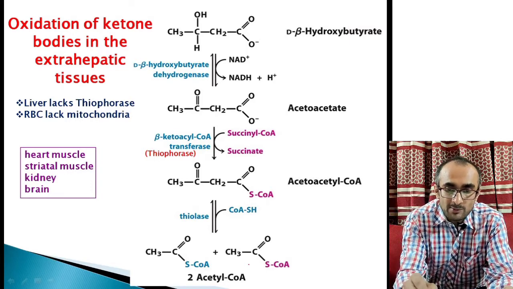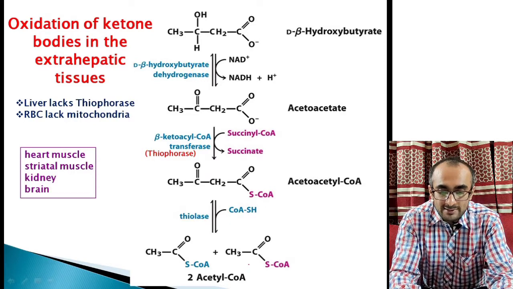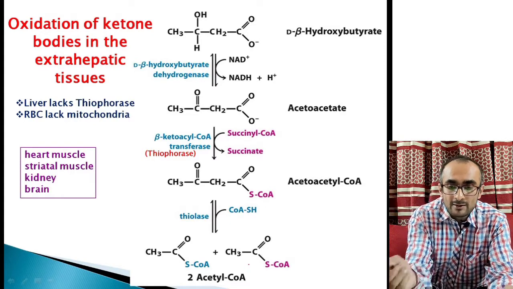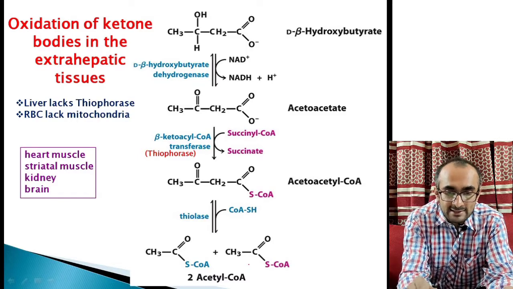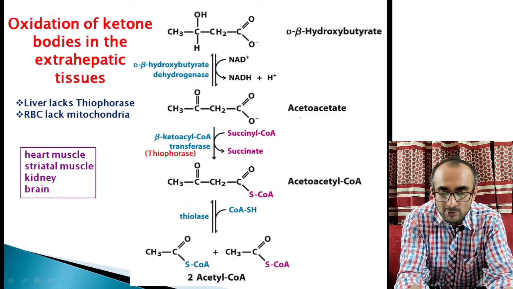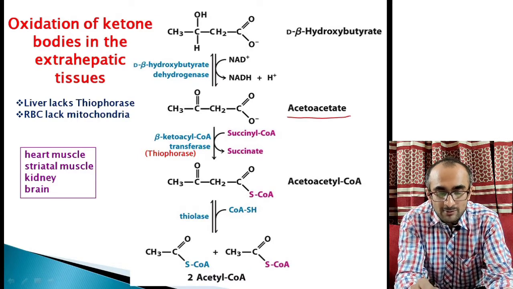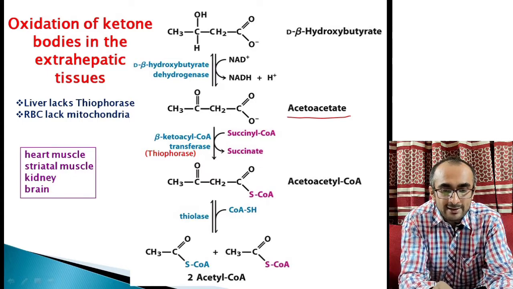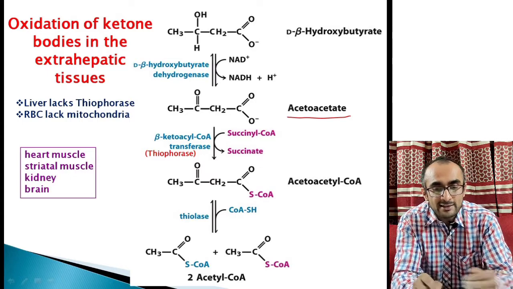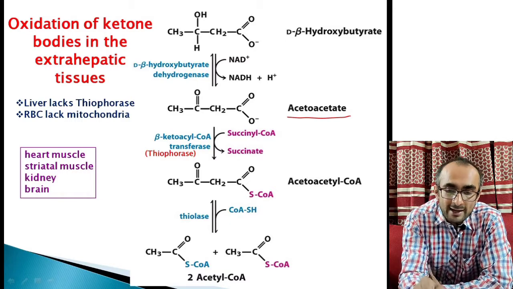They convert ketone bodies into 2 acetyl coenzyme A molecules. Beta-hydroxybutyrate is converted back to acetoacetate. That's a reversible reaction, catalyzed by beta-hydroxybutyrate dehydrogenase.